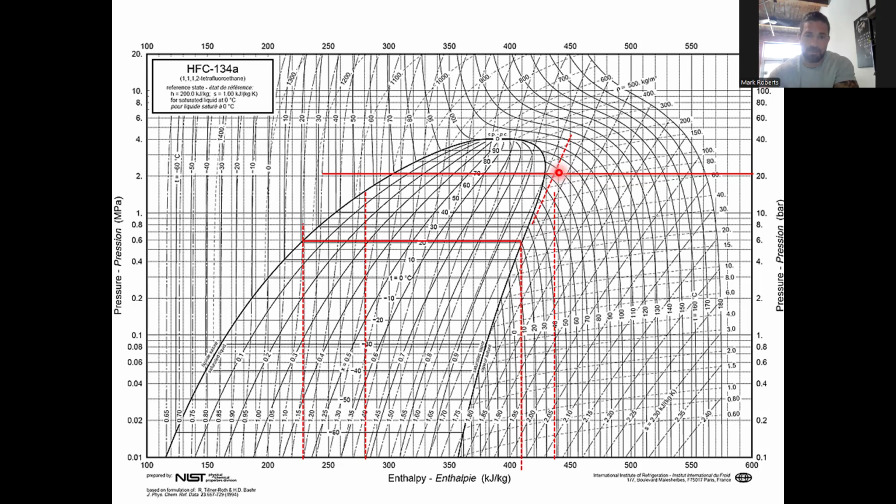As my fluid transfers heat to my house, it's going to condense to a saturated liquid. Then it might keep cooling, but at some point it can't keep cooling because it will be the same temperature as the house.